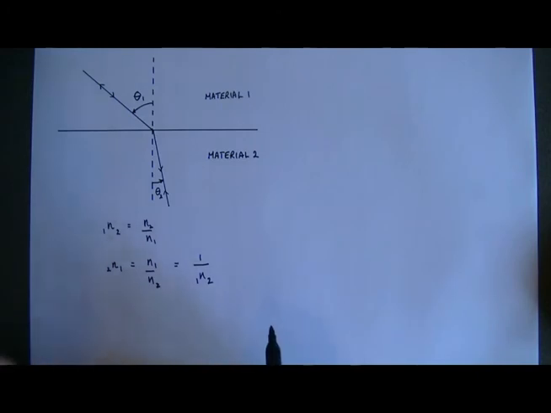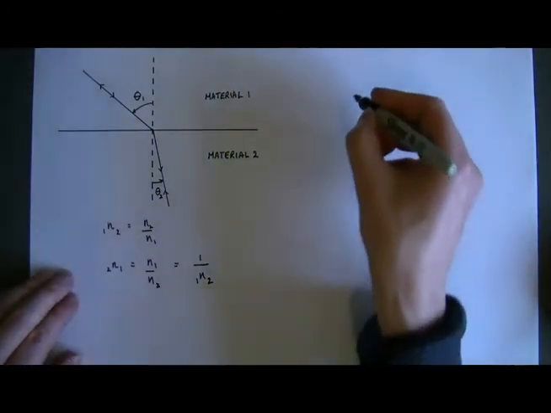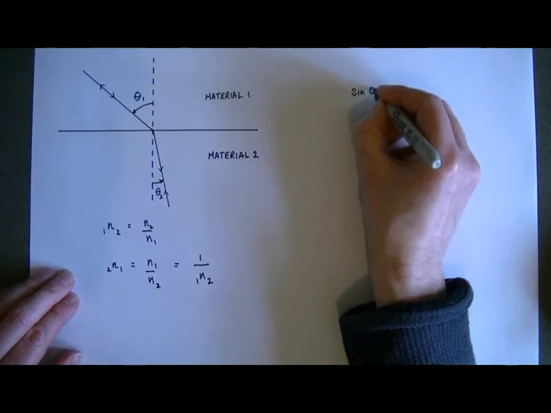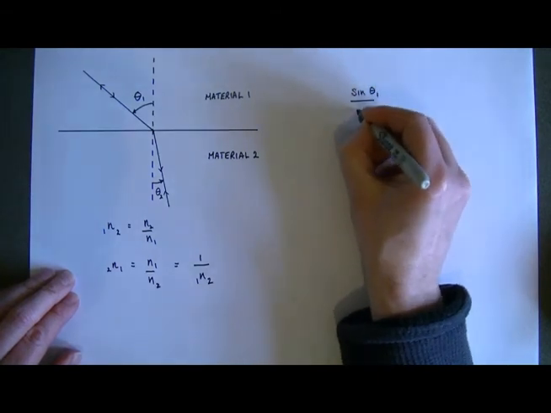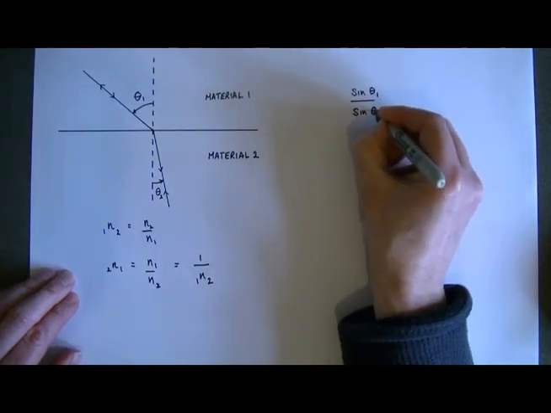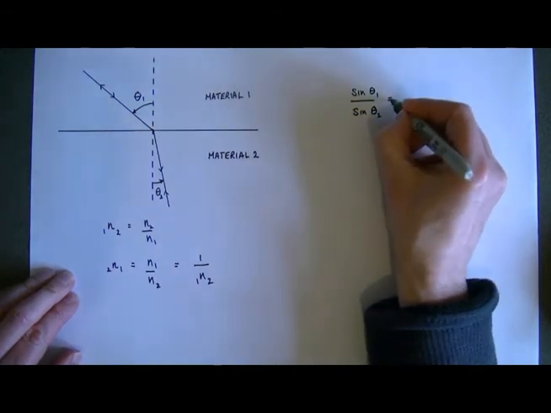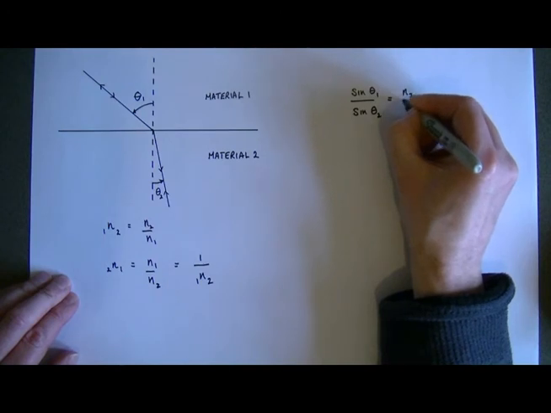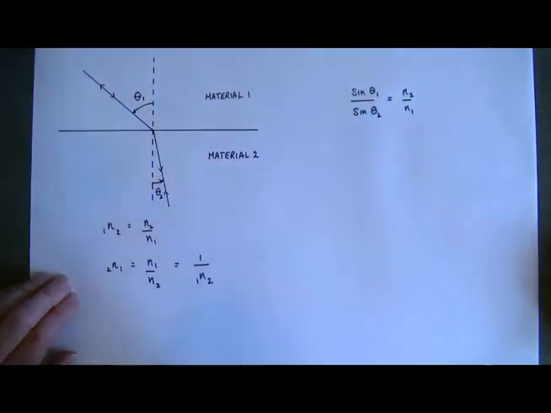Using Snell's law again, we can generate another useful equation, because we had previously that sine of theta 1 over the sine of theta 2 was equal to n2 over n1.